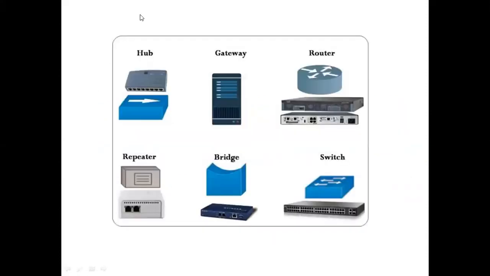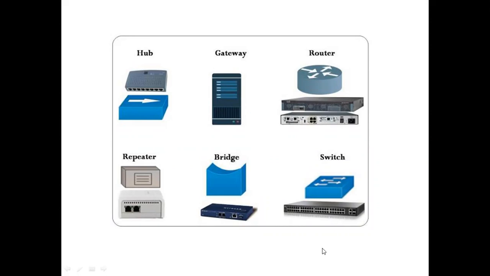This is the diagram of various network devices used in a computer network. The first are the hub, gateway, router, repeater, bridge, and switch. Besides these we have many other network devices, but these are some common ones used everywhere.